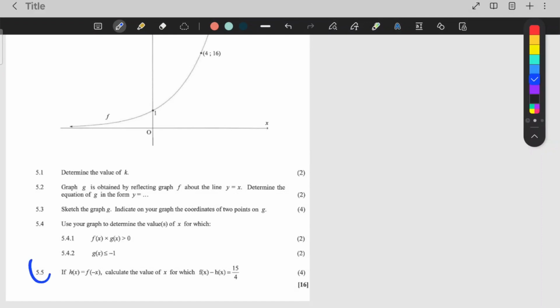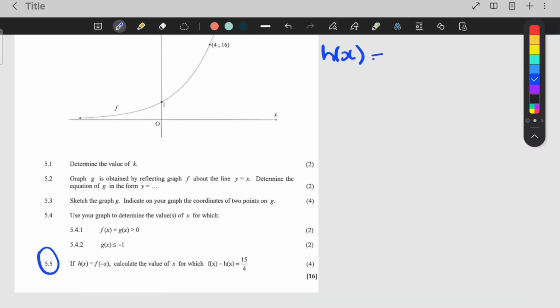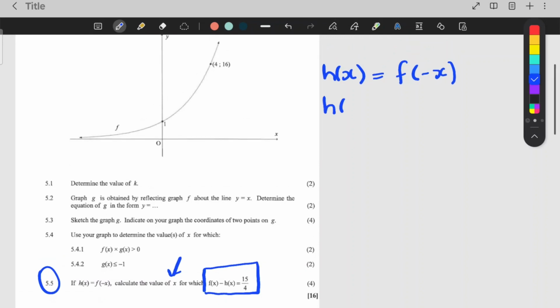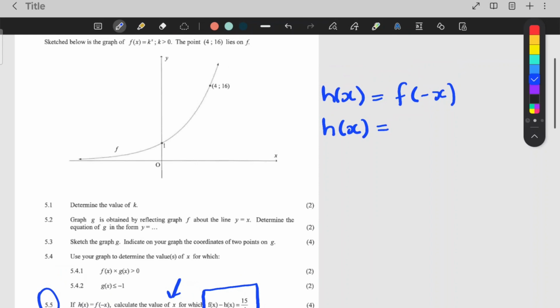Question 5.5 says, if h of x is f of negative x, calculate the value of x where this minus that is equal to 15 over 4. We are going to solve for x. Let's quickly work out what h of x is. So h of x is f of negative x. Wherever there's an x, I'm going to change the sign.